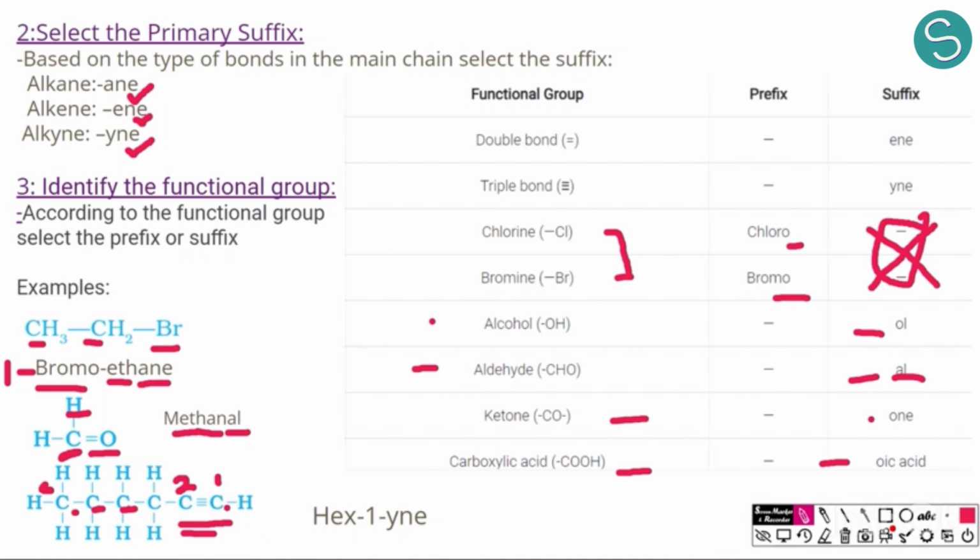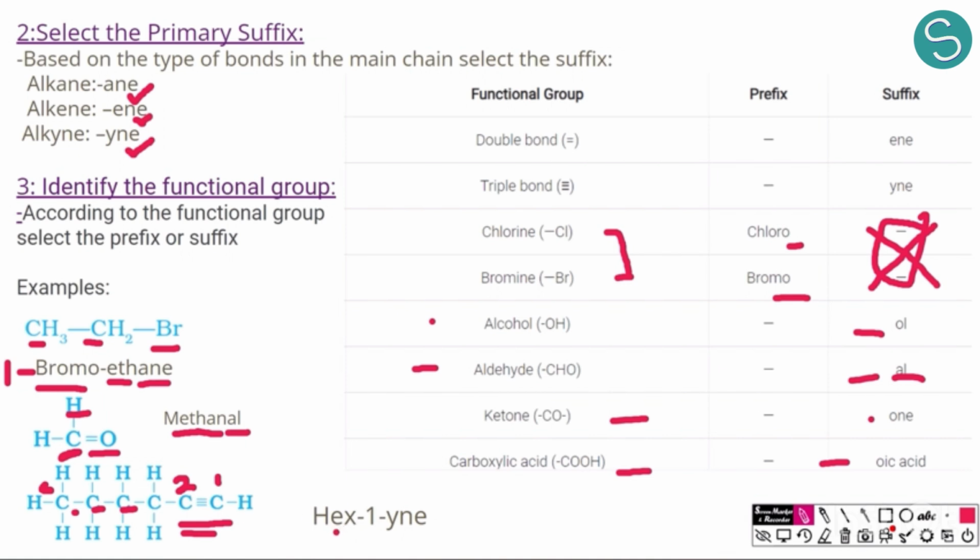So we have seen that there are 6 carbons, but now there is a question. There are single bonds as well, there is a triple bond as well. So how do we write that? But maximum bonds are single, only one triple bond is present. So we will just write the position of the triple bond, and the rest we assume are single bonds. So we just write the position of the double or triple bond in such cases.